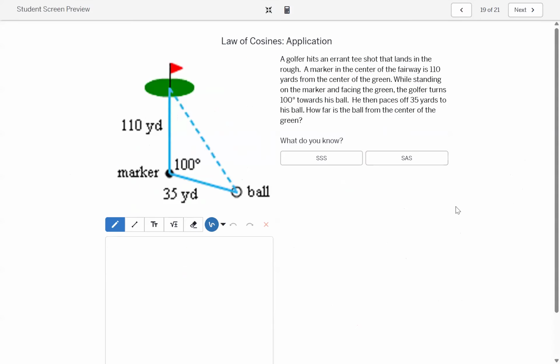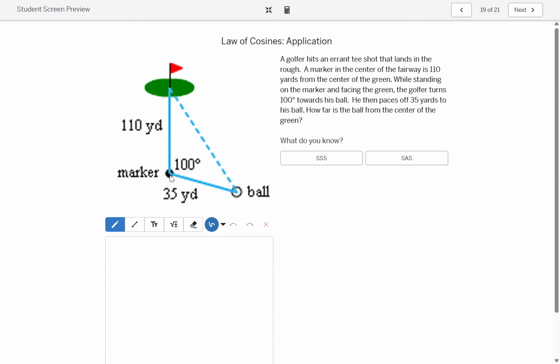All right. Now the next two are just weird little word problems. And I say weird because the diagram here has all the information we need. Reading the words is like ick. So a golfer hits an errant tee shot that lands in the rough. So there's a marker in the center of the fairway, and the marker is known to be 110 yards from the green, from the flag.